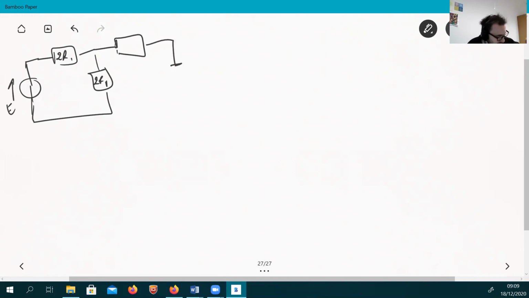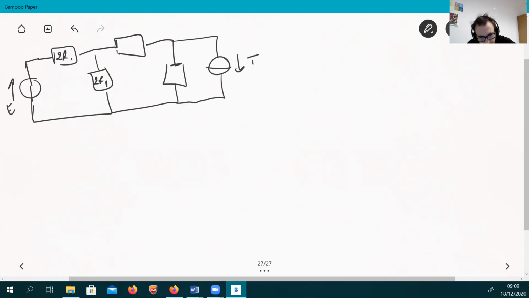So this is our resistor. So the idea is to redraw each time for the two cases.